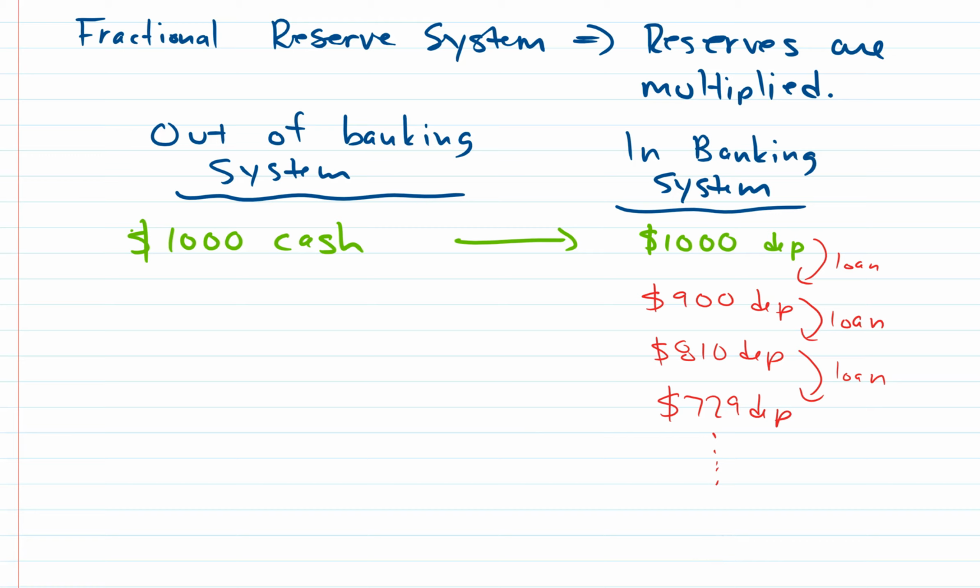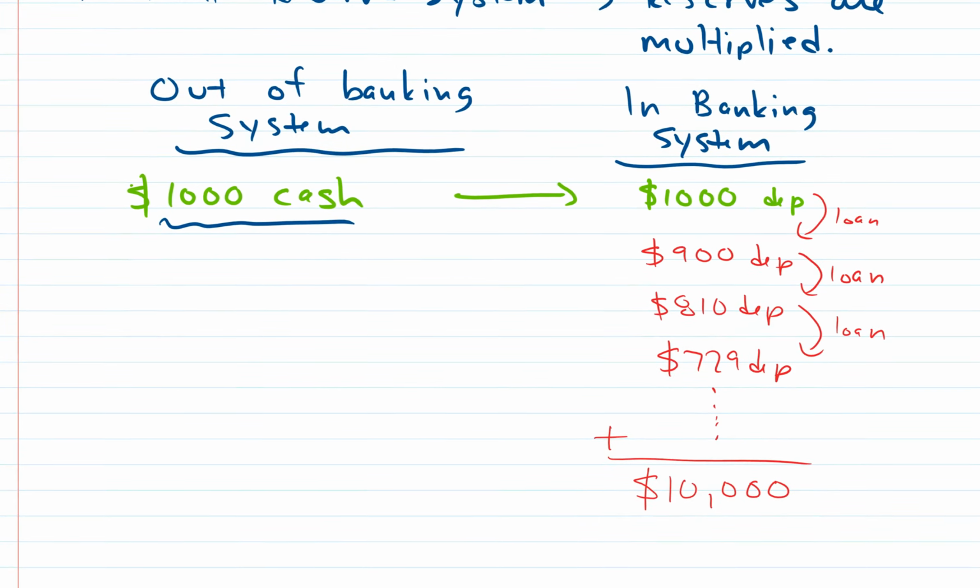If we add these all up, and we assume they keep doing this, no one keeps extra reserves, it's all lent out and it all goes back in the banking system, no one keeps cash at home, then we're going to end up with a total of 10,000. So our little $1,000 in cash that we had before, when it goes in the banking system, becomes very powerful and gets multiplied into this big amount. We went from having $1,000 in cash, no deposits, to having a total of $10,000 in deposits, right? So it's 10 times more.